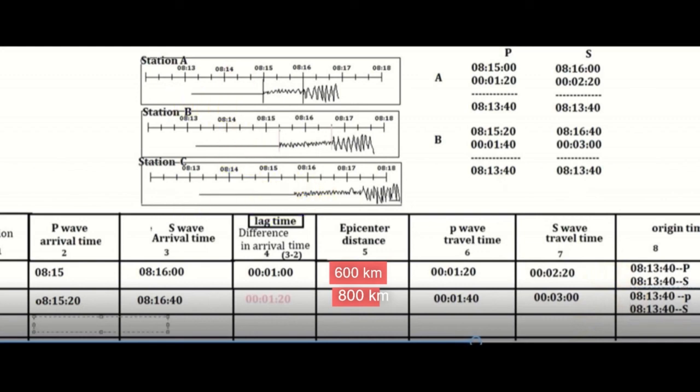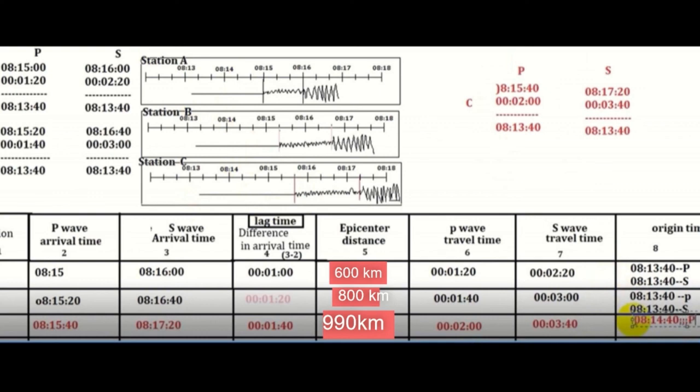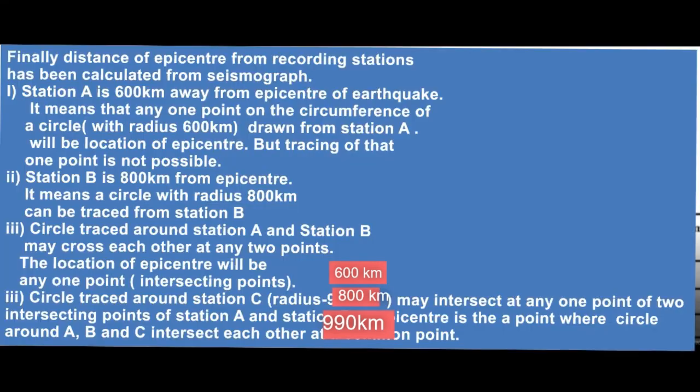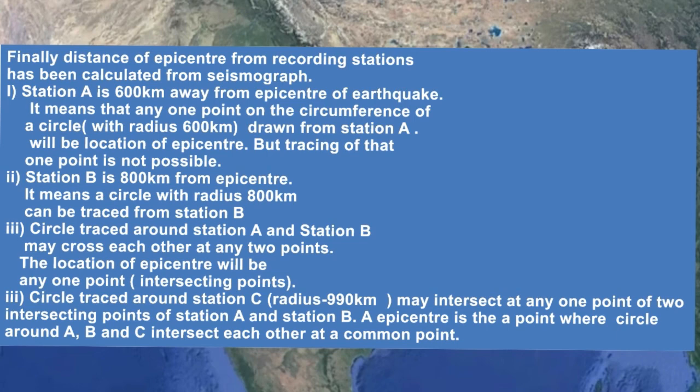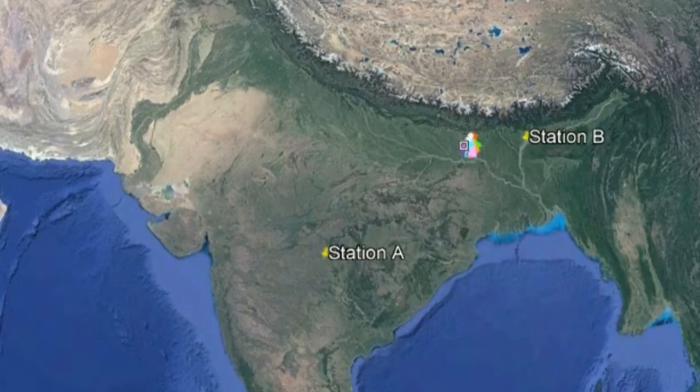Thus station A is 600 km, station B is 800 km and station C is 990 km away from the epicenter of an earthquake. Circles around stations A, B and C whose radii are 600 km, 800 km and 990 km respectively can be plotted on Google Earth.